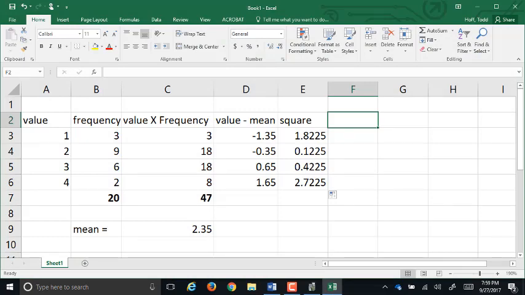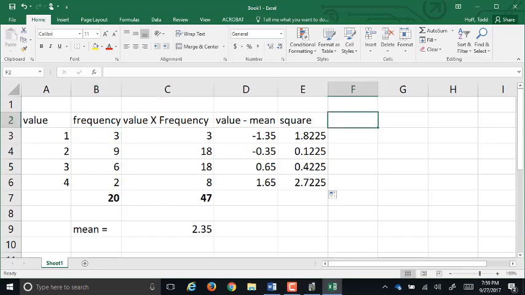Now, after we squared them, what was our next step? Add them up. Now, this is where we've got to adjust it a little bit. For the mean, we didn't just add up these values, did we? What did we have to do to them? We had to multiply them by the frequency. This number here, this squared deviation, the 1.8225, does not happen once, it happens 3 times.